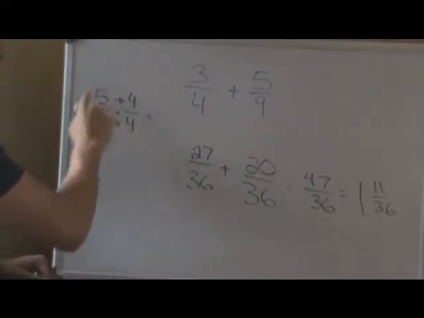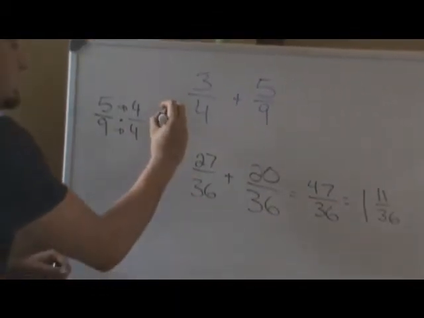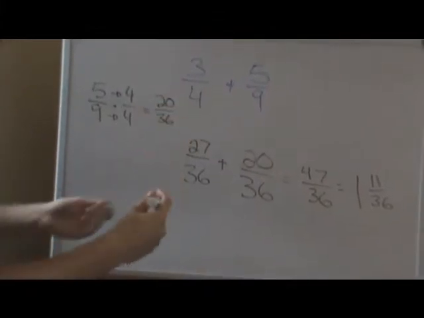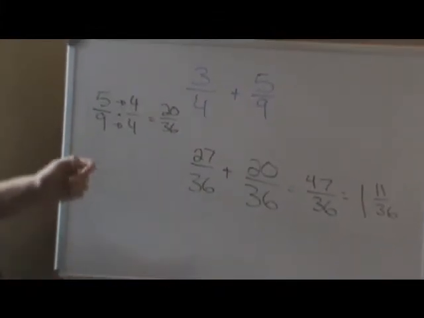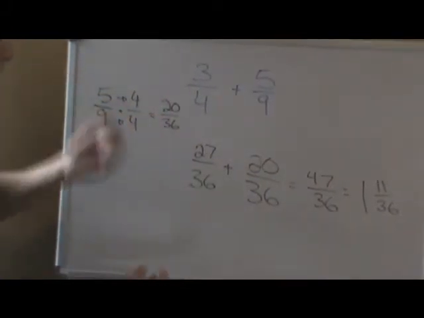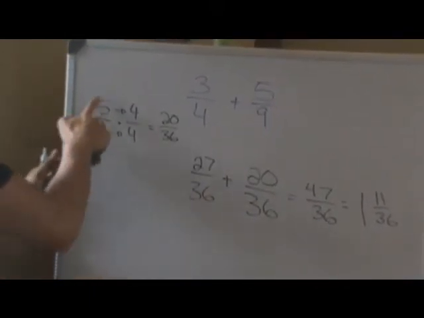So when I multiply 5/9 times 1, I should get an answer that's equivalent to 5/9. And you actually get 20 over 36, which if you reduce it, is 5/9. 5/9 and 20/36 are equivalent. They have the same value. And I know that because I just multiplied 5/9 by 1.